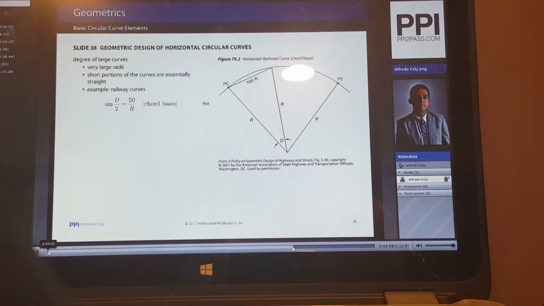It's not that the other formula is not going to work. It's just that this simpler formula will give you a number that's very close to the true circular geometry number from the previous equation. And that typically occurs when you have a radius that is greater than 1400 feet.